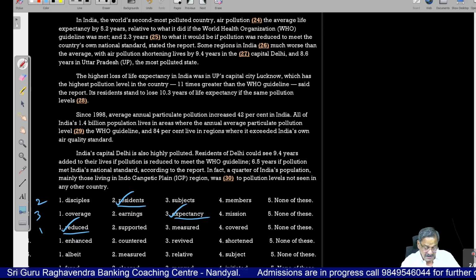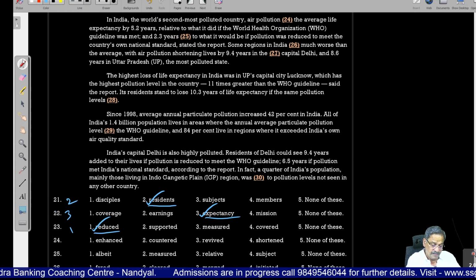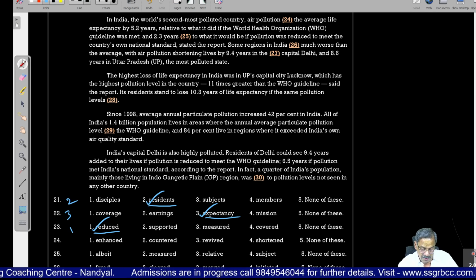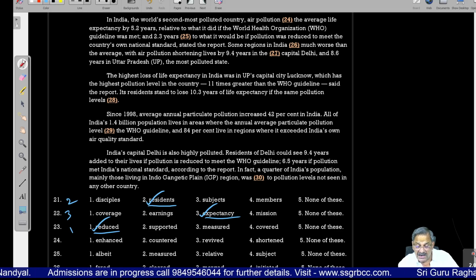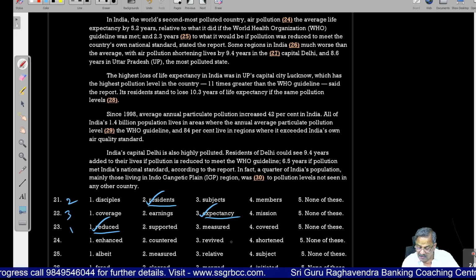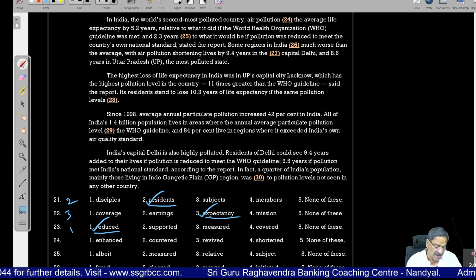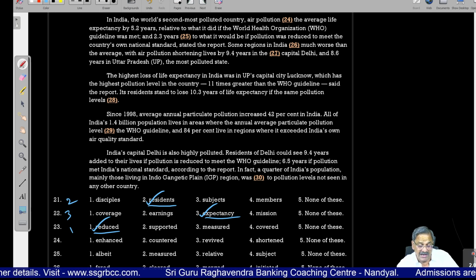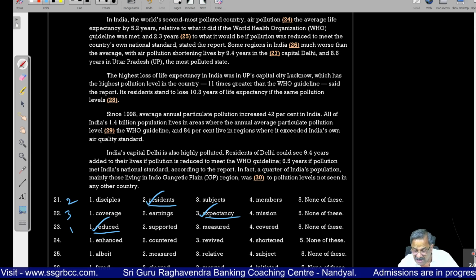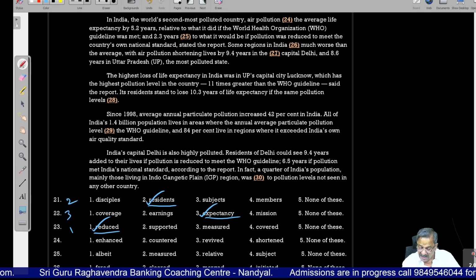Then next one is 24. India, the world's second most polluted country. Air pollution dash the average life. Air pollution enhanced, countered, revived, shortened. Air pollution enhanced the average life expectancy? Reduced, not reduced here.